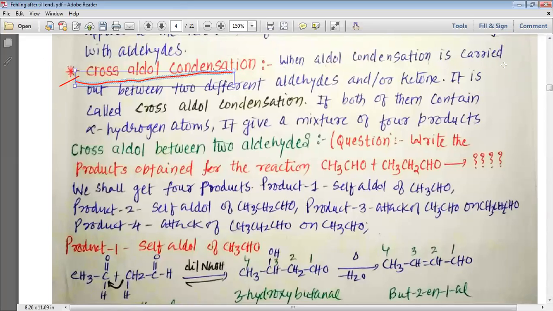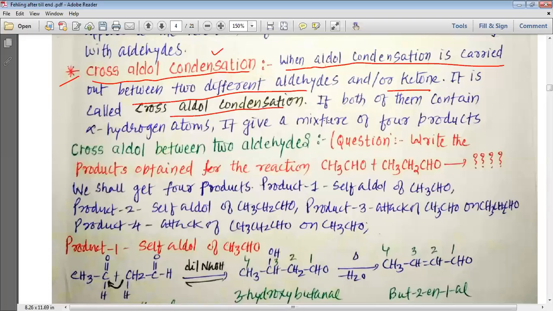When aldol condensation is carried out between two different aldehydes, or two different ketones, or one aldehyde and one ketone, please remember, the reactants must be different. If the two reactants taking part in the aldol condensation are different, such a reaction is known as the cross aldol condensation.